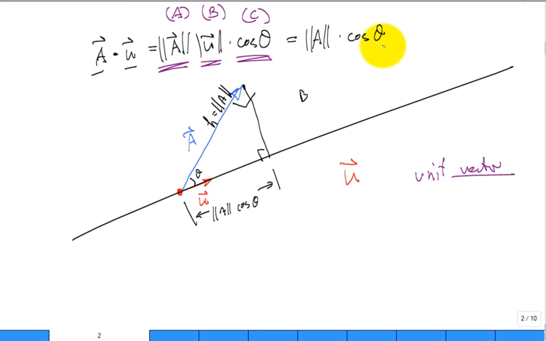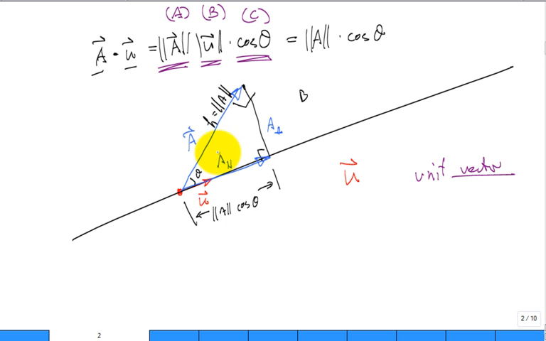So what I could do is say, look, I want you to decompose A into two vectors. One is a vector that is parallel with U. There's some notation that the book may have for that. And the other is perpendicular to the line characterized by U. Does that make sense?